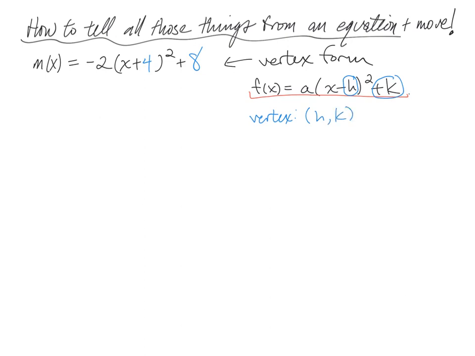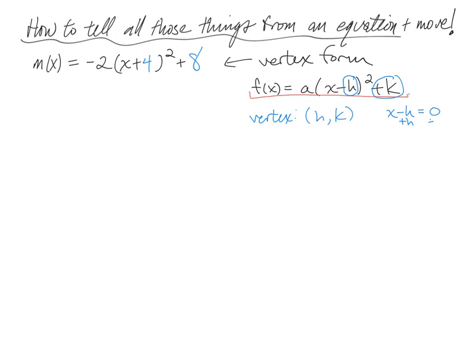And really what you have to keep in mind here is that when you have a quadratic equation in vertex form, you can't just copy the number that's here. Like I cannot just write 4 as the x-coordinate of the vertex. What you have to do is take this entire expression, x minus h, whatever's in the parentheses, set it equal to 0 and solve for x.